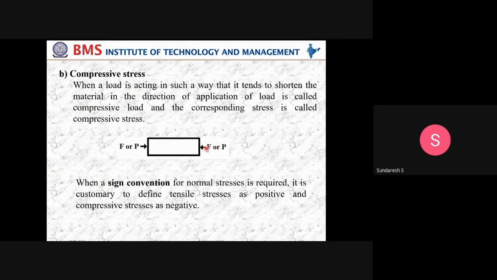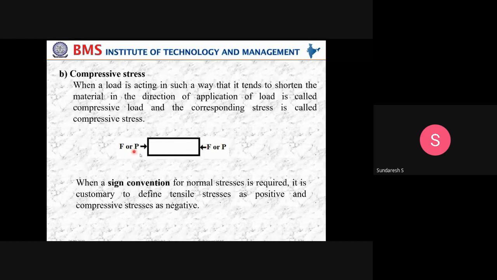Two equal and opposite forces acting towards each other along the centroidal axis of a member is said to be a compressive load, and the member is said to be under compressive loading.